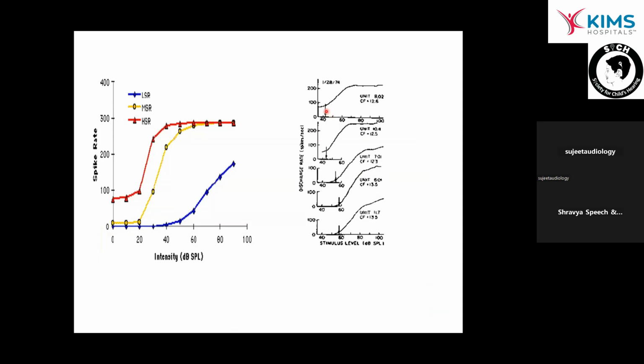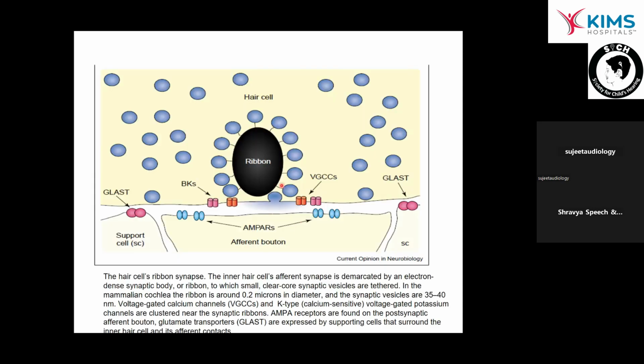If you look at this arrow, if the stimulus is sufficient to reach this threshold, it will fire. If it is not able to reach this threshold, it will not fire. So either it is all or none. Whereas this one is not all or none. It is very simple. The moment there is a signal, it will release the neurotransmitters. So the ribbon synapses are important for improving the temporal aspect of the signal in the auditory neurons.